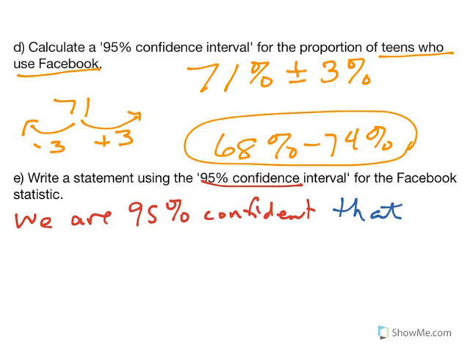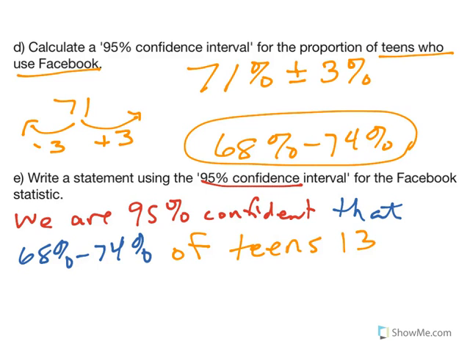Well, we're confident that 68% to 74% of who? Well, remember we talked about teens 13 to 17. That's the population. So 95% confident, then we have our confidence interval. Who are we talking about? Teens 13 to 17. And then the last piece, what did they do? Well, they use Facebook.